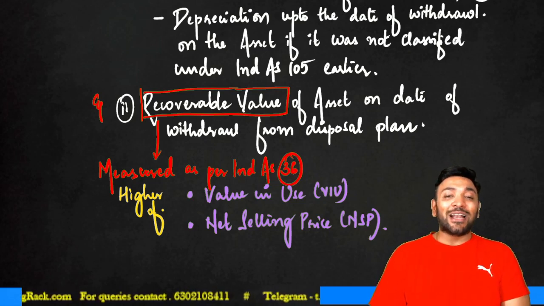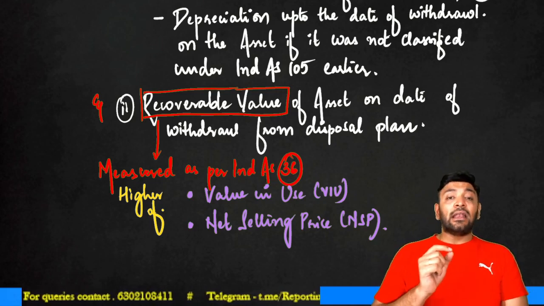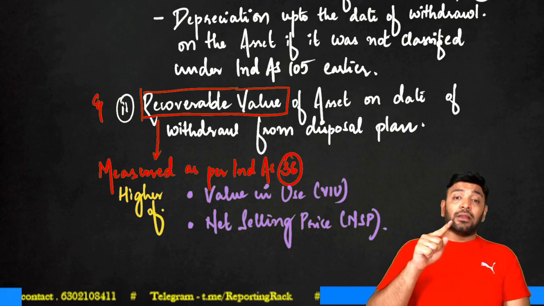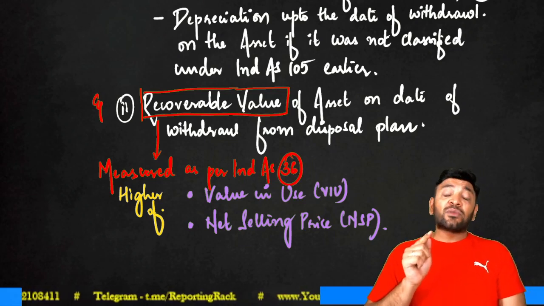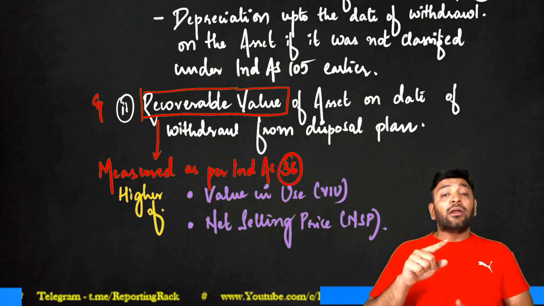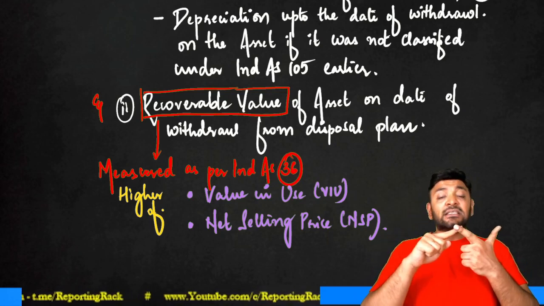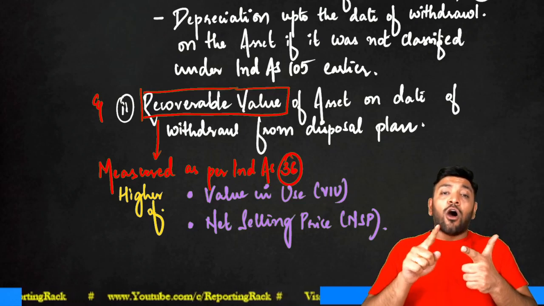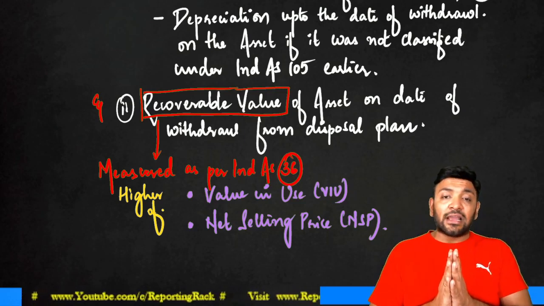So that should be the measurement whenever you withdraw from the plan of disposal, and on that date, I will try to identify what is the carrying value of the asset if it was never classified under Ind AS 105 earlier. If it was not classified under Ind AS 105, I would have continued to charge depreciation. Therefore, the carrying value of the asset on the date of classification to Ind AS 105 minus the depreciation from the date of classification up to the date of withdrawal on the asset if the asset was never classified as Ind AS 105 earlier.